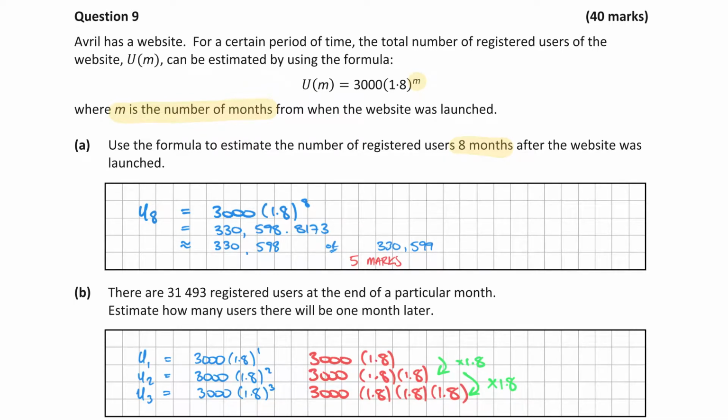Okay, so if she had this much in a particular month, estimate the amount of users you would expect to have 1 month later. So 1 month later, we'd have to multiply that by 1.8 and we'd end up with the following. 31,493 multiplied by 1.8 gives you an answer of 56,687.4.